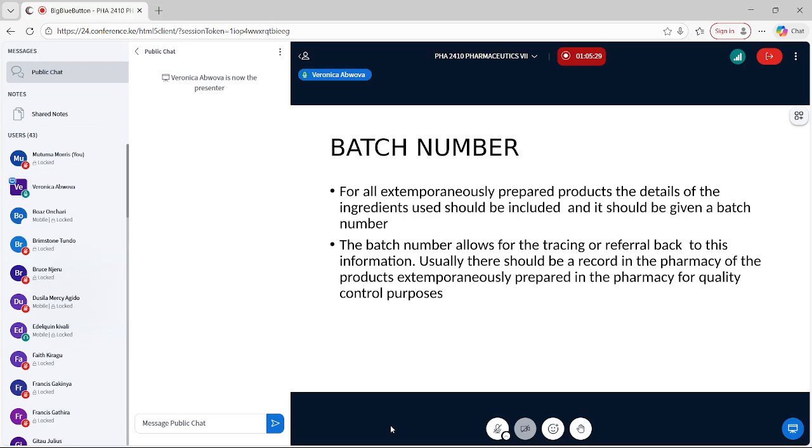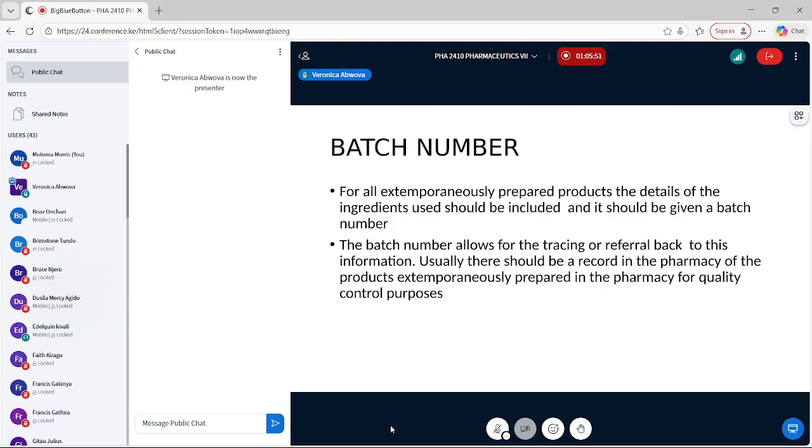Batch number, as we mentioned, for extemporaneously prepared products, the details of the ingredients should be included and it should be given a batch number. So remember we said sometimes for extemporaneously prepared products, you add several ingredients to a vehicle, okay? Now that mixture may not have a standard name.